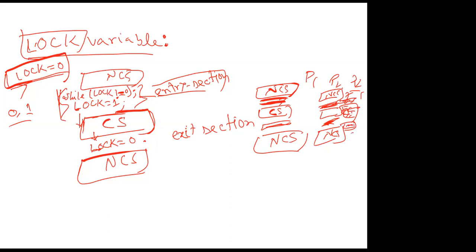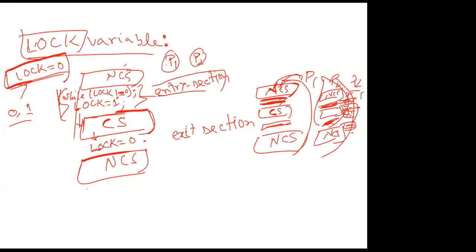So I can give this example this way, using process P1 and P2. This is the code segment for process P1, and this is the code segment for process P2, but it is a different code segment. Don't confuse that it is the same code segment for P1 and P2, but it is the same format. That's why, for understanding purposes, I will give this.